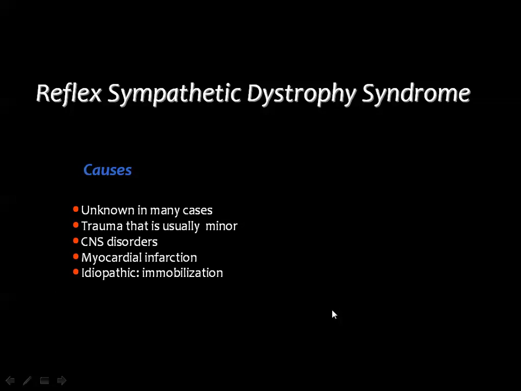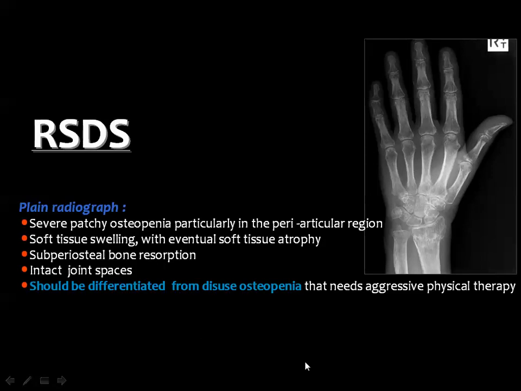follows a trauma which is usually minor trauma, not usually leading to a fracture, for example, but sometimes there is a fracture and the fracture is well managed, but the patient passed into this syndrome and there is no cause in many of the cases, and some cases have CNS disorders, myocardial infarction, and some may be immobilized for a certain time.